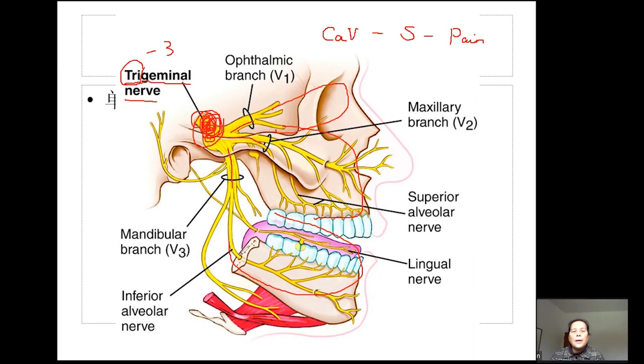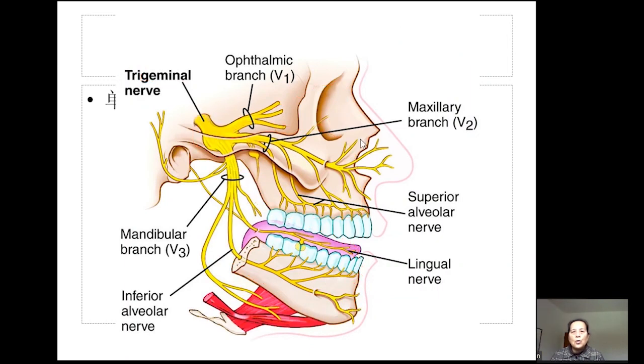But if it only affects just 1 branch, it will cause pain only in the area that branch controls. So that's our TMJ, the first joint we're talking about.